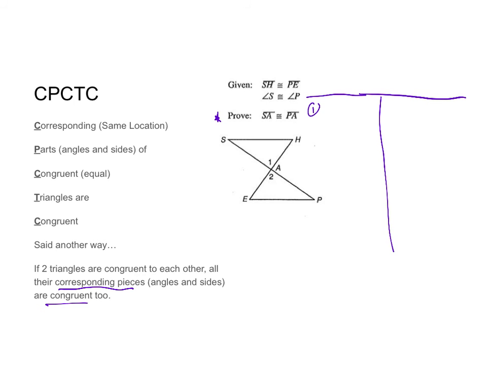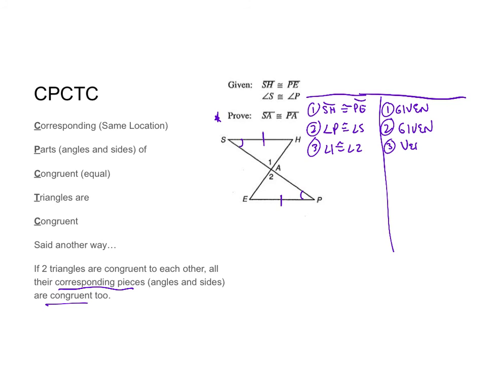So we look at SH congruent to PE. And we look at angle P congruent to angle S, given. And we can mark those. A big clue they give you in the picture is that angle 1 is congruent to angle 2 because they are vertical.